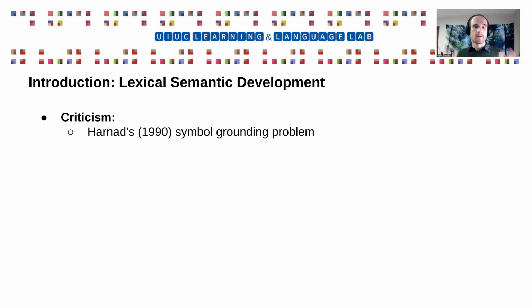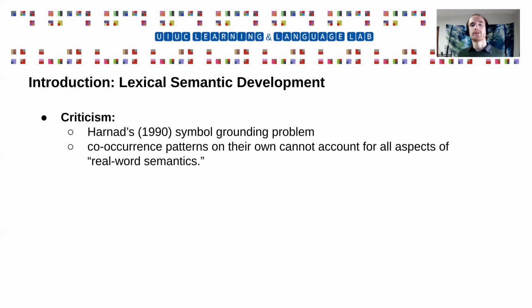How do they link up to the real world? How do they link up to experiences, perceptual stimuli, and so on? And people like to say that if you're just tracking co-occurrence patterns in language, of course you can't account for all aspects of real-world semantics, and I think that everybody would agree with that.